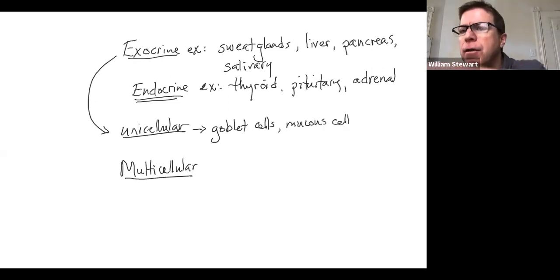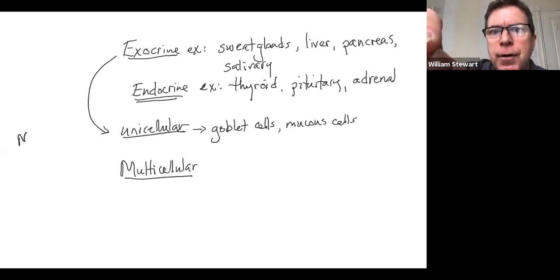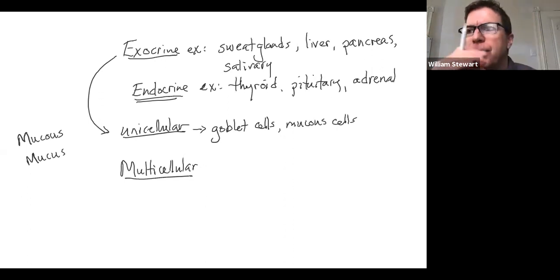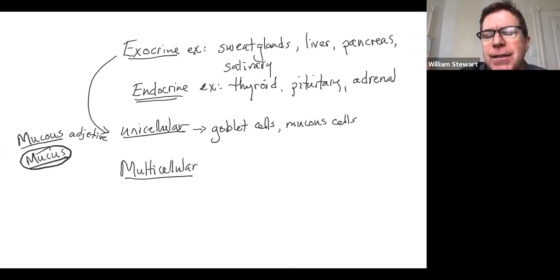I'm going to tell you guys right now, you need to learn this as a sidebar. There's a difference between this word and this word. You're going to learn that this type, mucous, is an adjective that describes the type of cell or gland that secretes this. Mucus is the actual product. This is that sticky, watery based product.